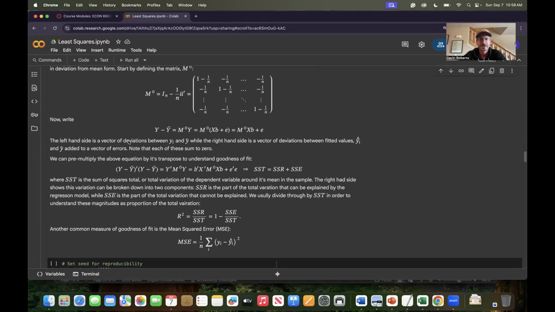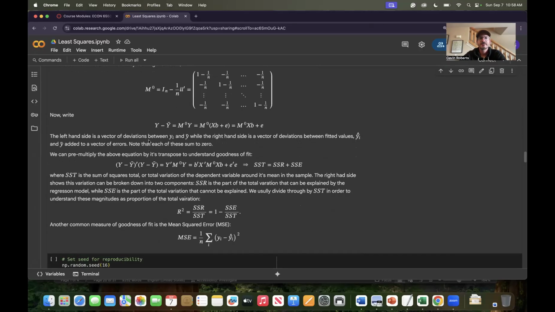And what's nice about that is that we can pre-multiply any vector by this useful matrix, and we get that vector in deviation from means form. So if we want y minus y bar, instead of just being y1 in our dependent variable vector, now we have y1 minus y bar, y2 minus y bar, y3 minus y bar.